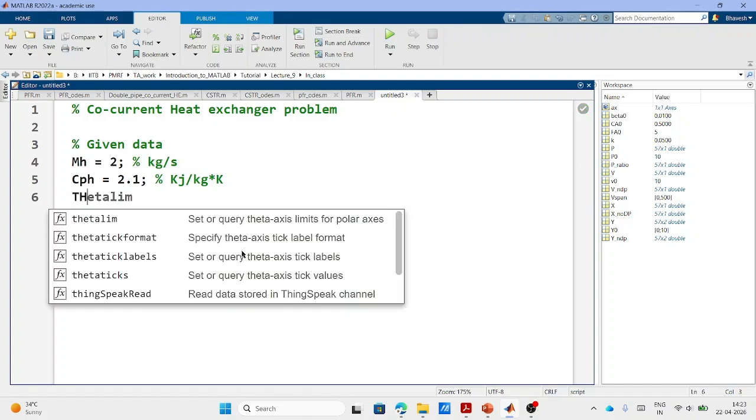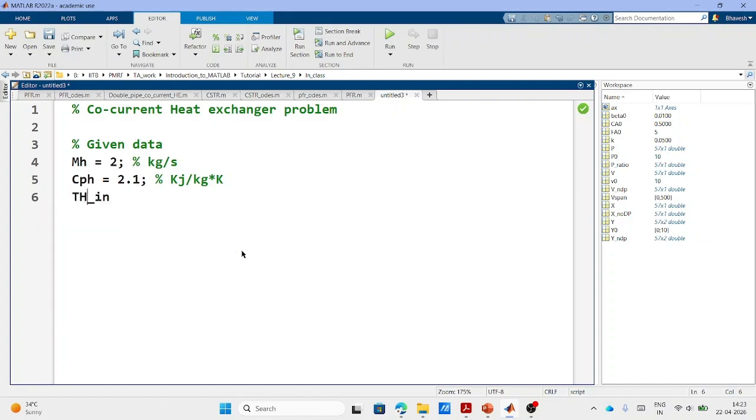Then you have THN as 120 degrees C. Same way I have cold fluid flow rate 1.5 kg per second.